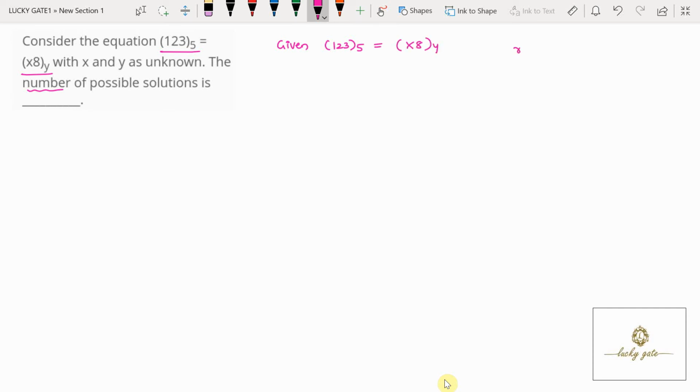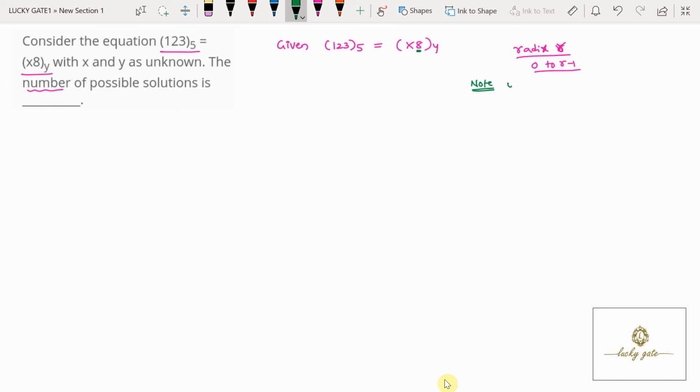As we know, if radix is r, that number system should contain digits from 0 to r minus 1. Now observe friends, here the maximum digit is 8. If the maximum digit is 8, then y must be greater than 8. Here I am writing a note point.